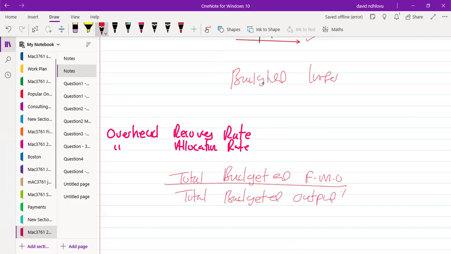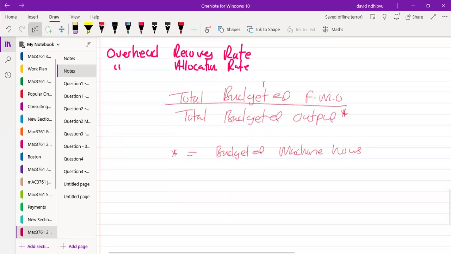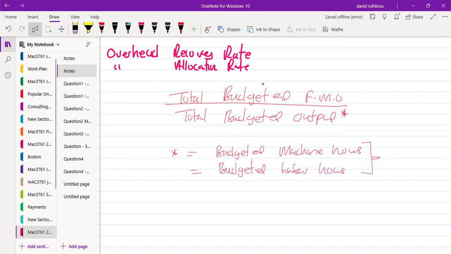On this one, let's be clear. Sometimes we use budgeted machine hours. Sometimes we use budgeted labor hours. So when you read a question, they will tell you how the overheads are allocated. If they're allocated based on quantity or output produced, they will tell you.